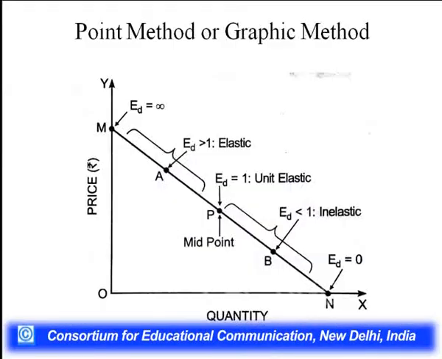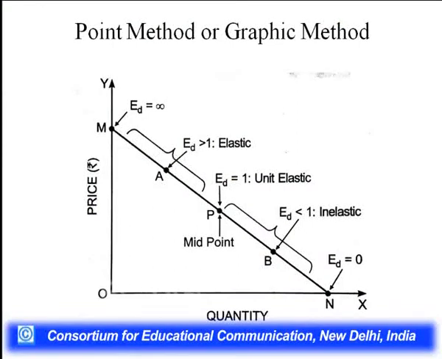So what would be the value of elasticity at point P? It would be Pn divided by Pm, and by this diagram it is obvious that the length of the Pn segment is equal to the length of the Pm segment. Therefore, its absolute value would be equal to 1, and it represents the unit elasticity case of elasticity of demand.